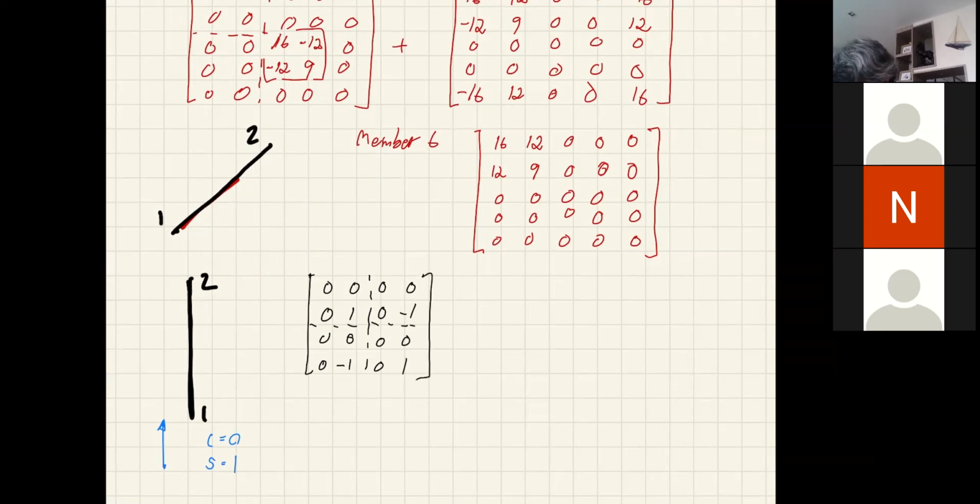And the code is now 3, 4, 1, 2. 3, 4, 1, 2.